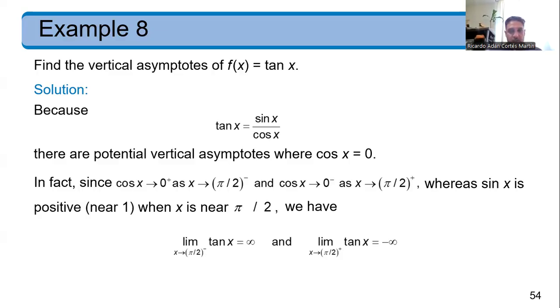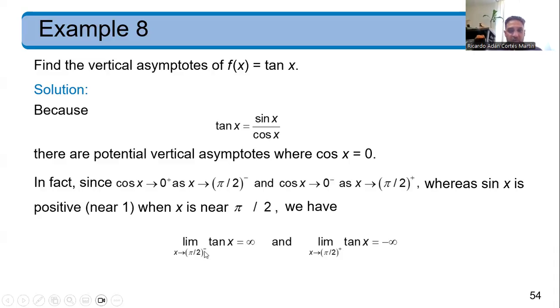So, in those cases, what is the value of the sine? Well, the value of the sine is going to be 1. Okay, so we have 1 over 0. Well, that's not defined, but if we take values closer to that, we're going to get, it depends.